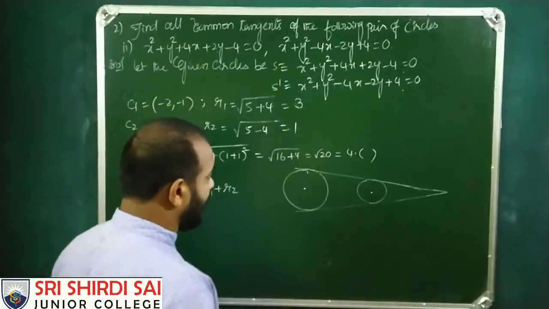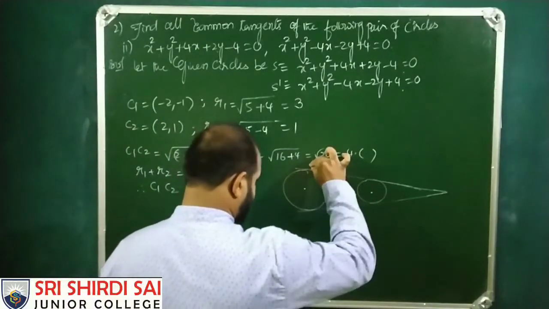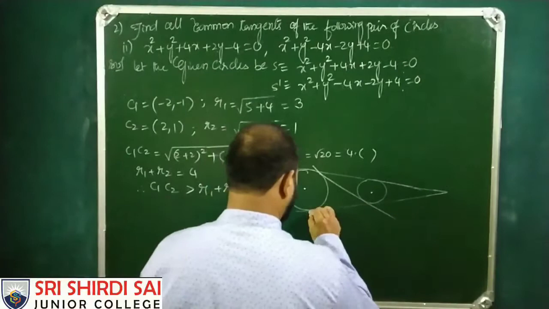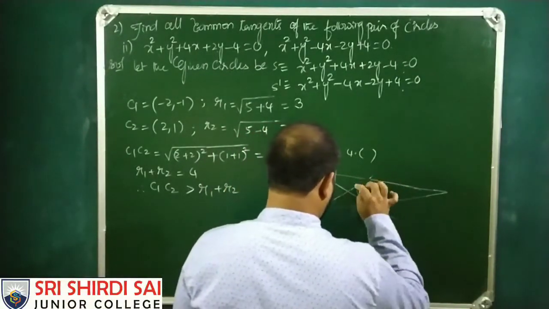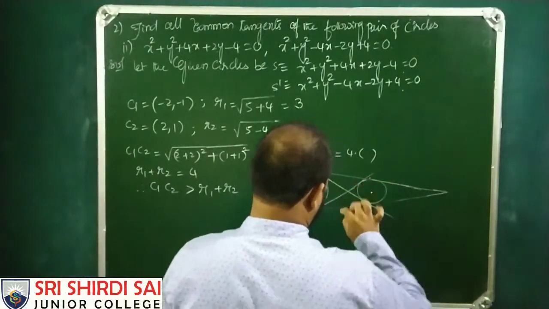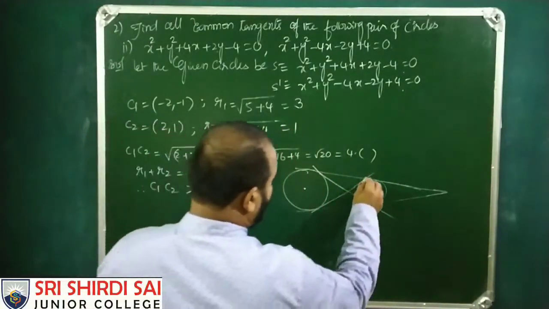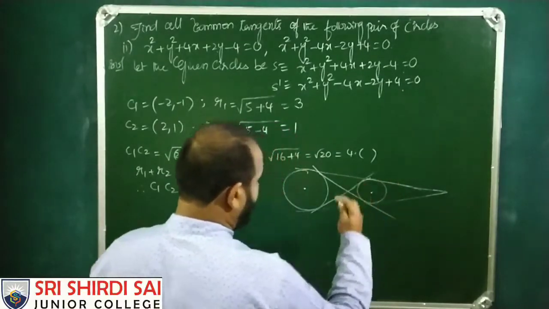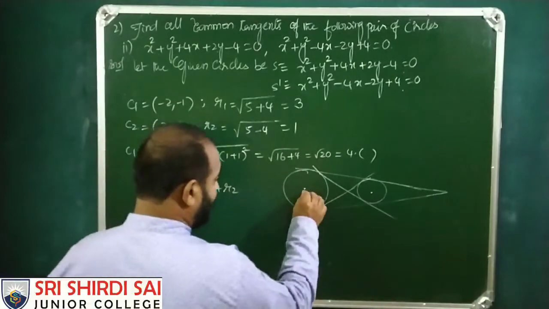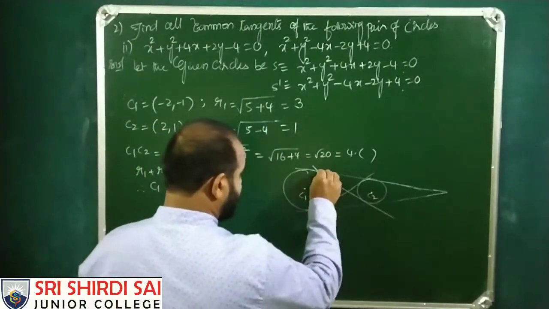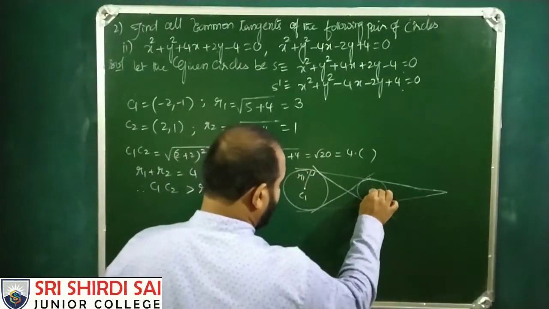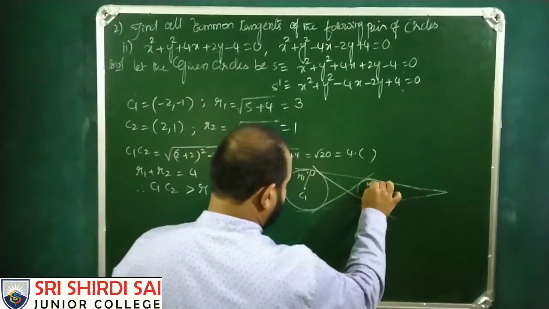Direct common tangents, and this is a transverse common tangent and this is another transverse common tangent. Okay, so these are what we need to find. So this is C1 and this is C2. This is R1, perpendicular, and this is R2, which is perpendicular.